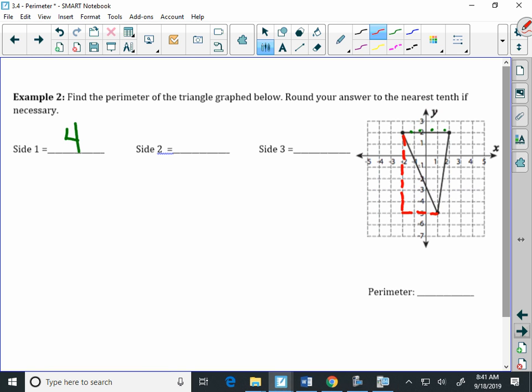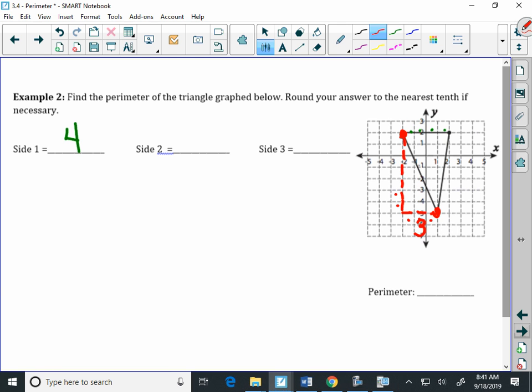But I want to look at that triangle because what I want to find here is what's the distance between those two red points right there. And when we're finding the distance, what we're doing is we're using the Pythagorean theorem. So now that we have a triangle drawn in, this length here is 3.